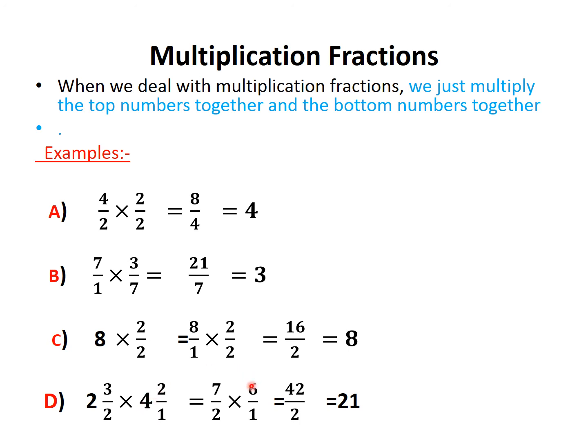Look here, we multiply the top numbers together and the bottom numbers together. 7 multiply 6, it will be 42. And 2 multiply 1, it will be 2. 42 divided by 2, it will be 21. Okay, these are the concepts of doing multiplication fractions.